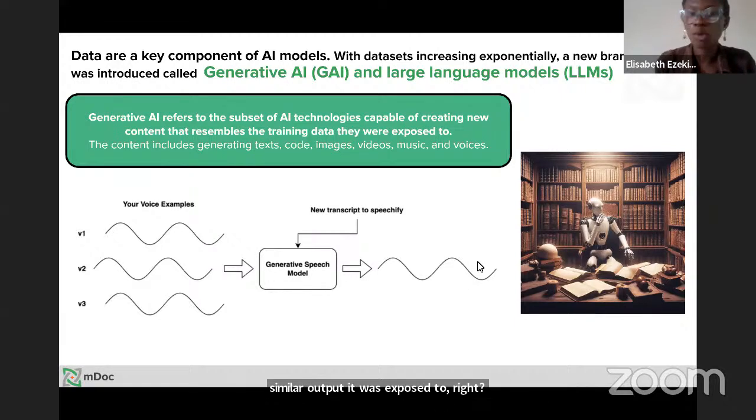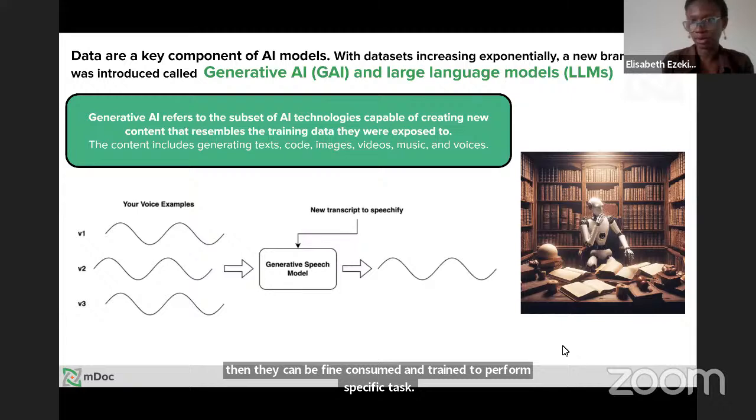And then secondly, we have what we call large language models. Large language models are a category of artificial intelligence that have a vast scale. They can interpret large amounts of data, and then they can be fine-tuned and trained to perform specific tasks, right?